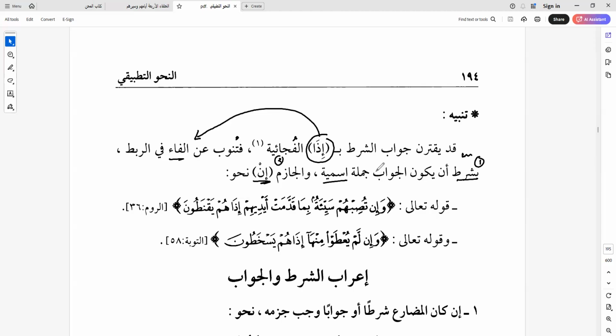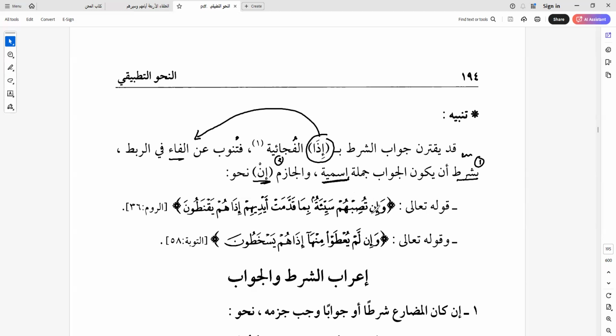Okay, the statement in the jawab, jumla to jawab, must be ismiya. If you have met this condition, then you can use idha fujaiya. Secondly, al-jazm that you can use is in only.